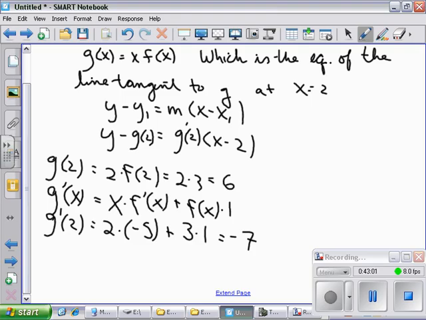So now we can write the equation of our tangent. So it's y minus g of 2, which was 6, equals g prime of 2, which is negative 7, times x minus 2. That is choice D, I believe. D.